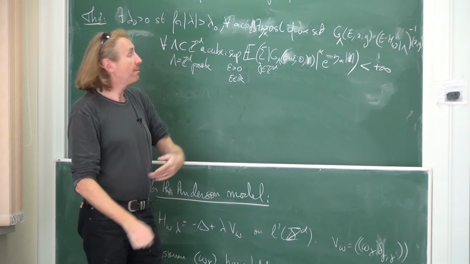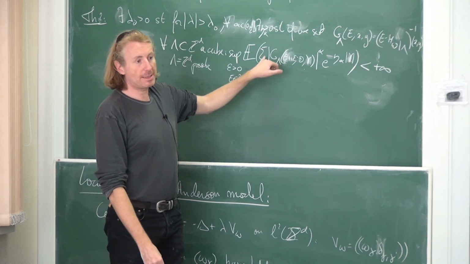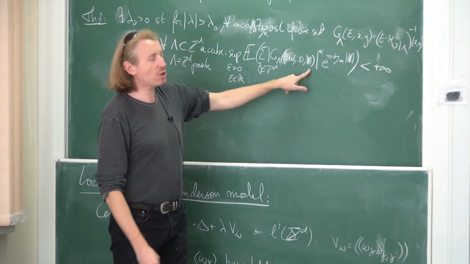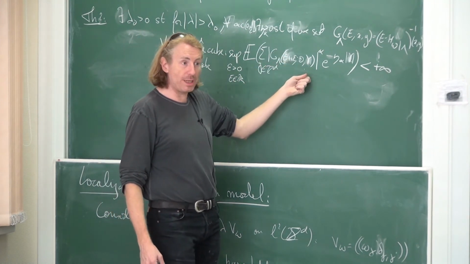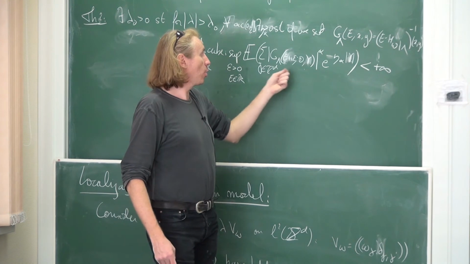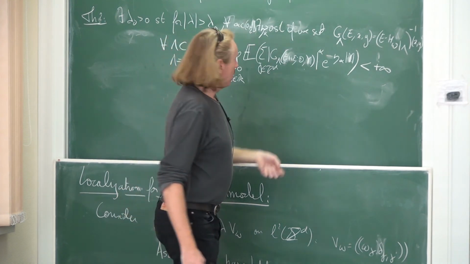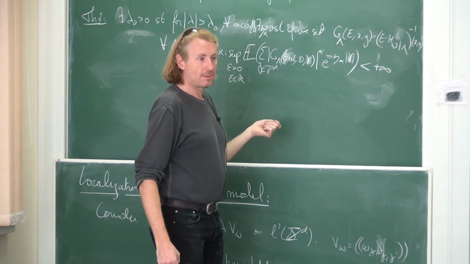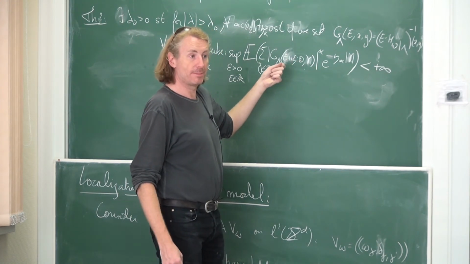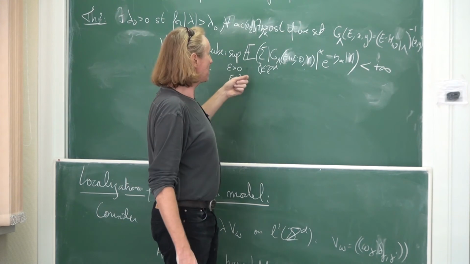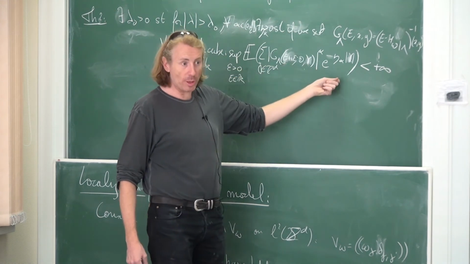So it means that for real energies, it's not the Green's function, because when you are at an eigenvalue, this is going to blow up. This Green's function is certainly not going to be summable; the point value may well not even exist. But what's happening is that if you take the average, it's going to exist.